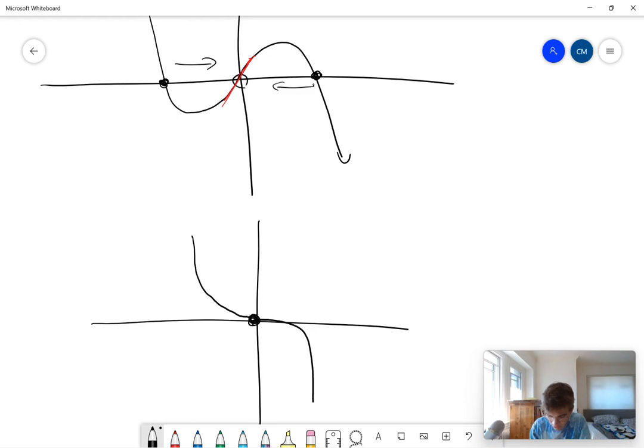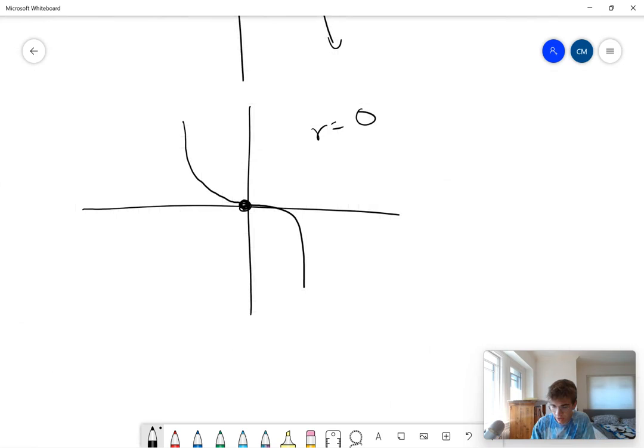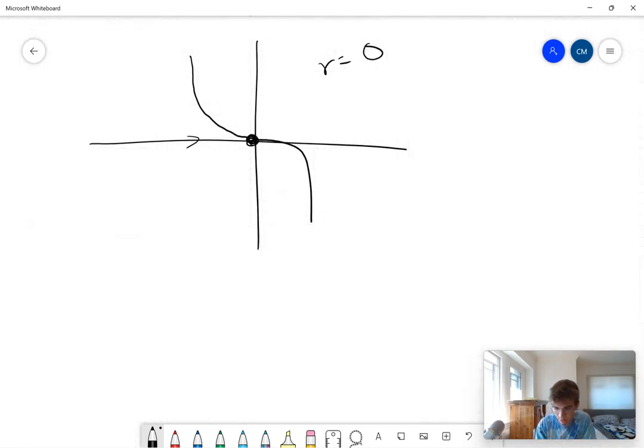So essentially here's r equals 0. And we can see that this is stable. And notice how it's stable even though the slope is 0 at the origin. We can just view this by looking at the sign of x dot with respect to x and drawing our flow direction arrows here.